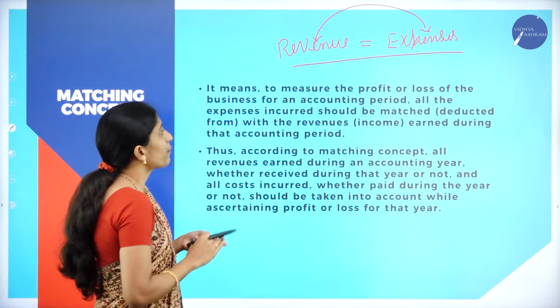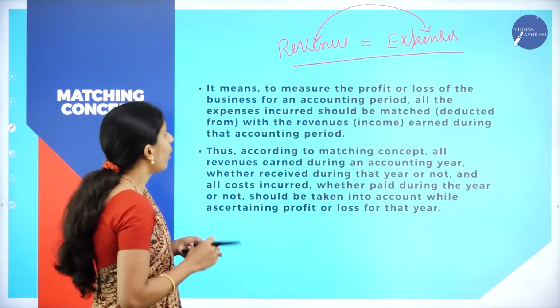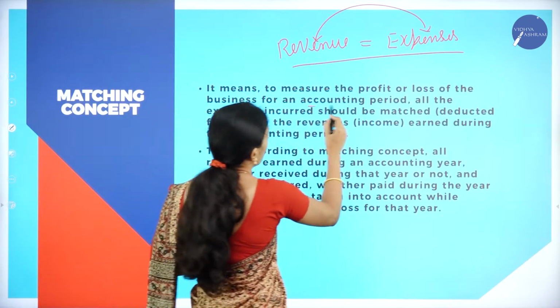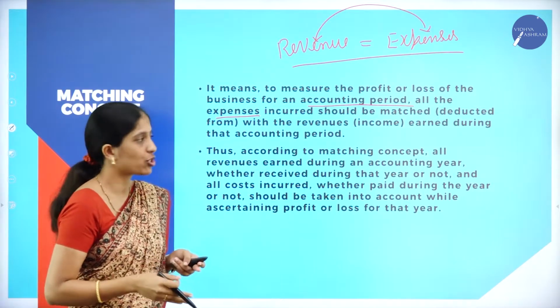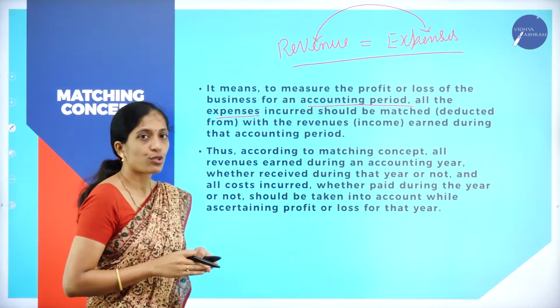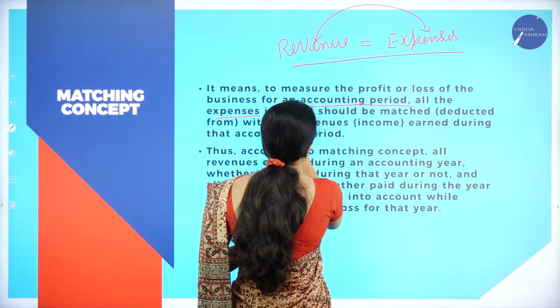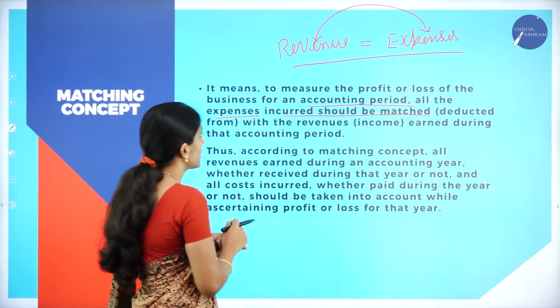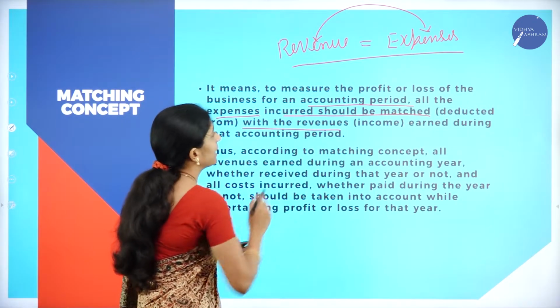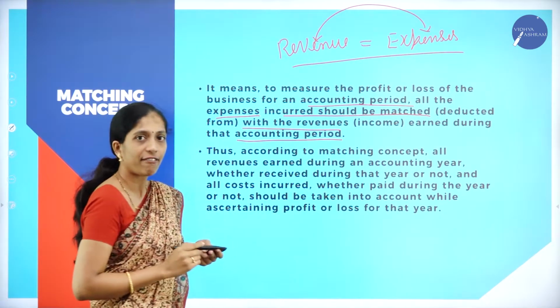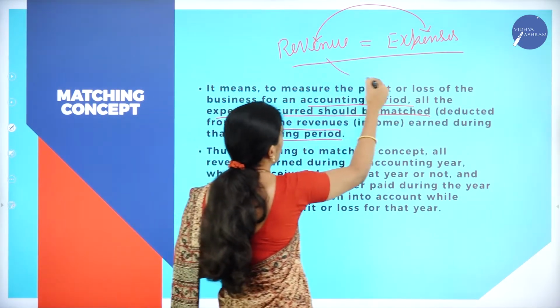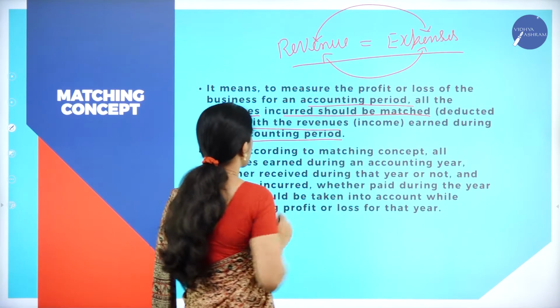It means that to measure the profit and loss of the business for an accounting period, all the expenses incurred should be matched with the revenue earned during that accounting period. So we have to match the total revenue with the total expenses.